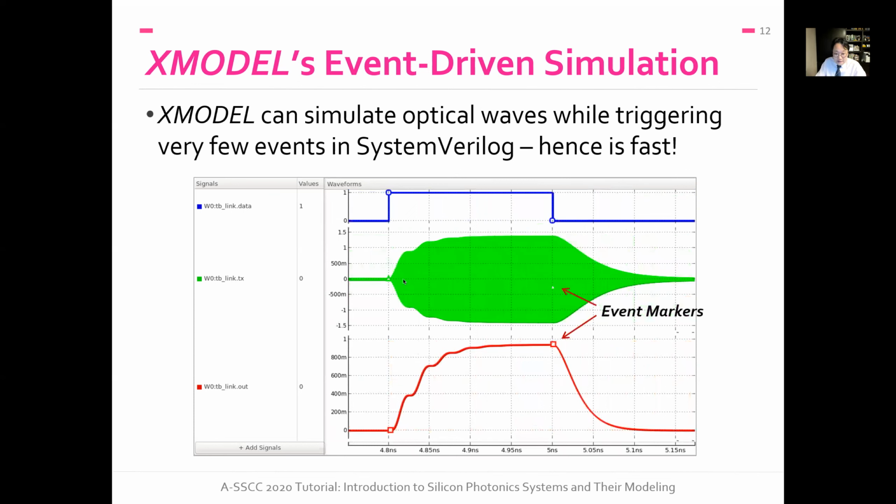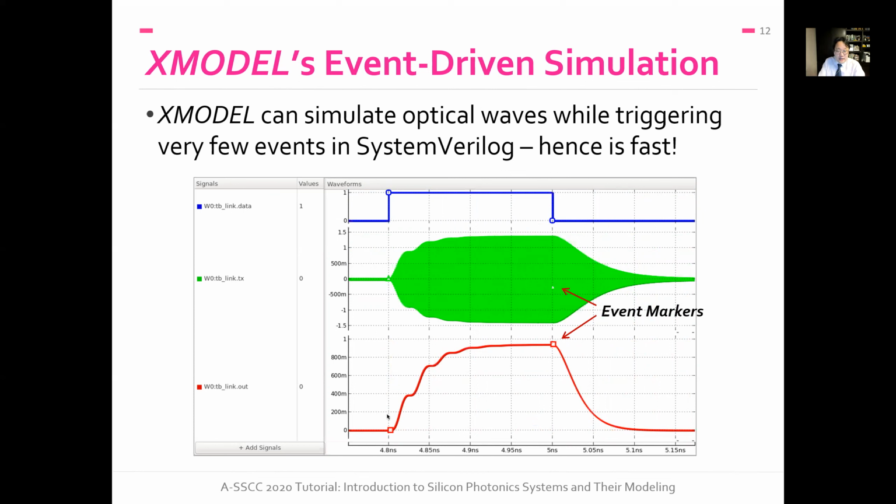For the optical signal, you still cannot see the waveform because it's extremely high frequency. But the markers that you see over there indicate where the events are being triggered during the SystemVerilog simulation. What you see is that it's purely event-driven.